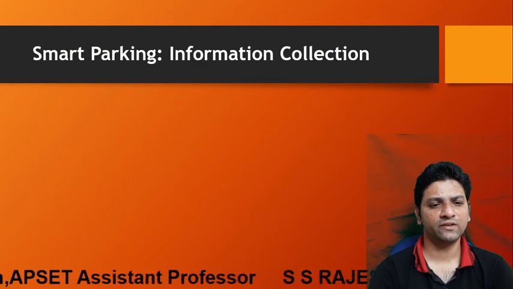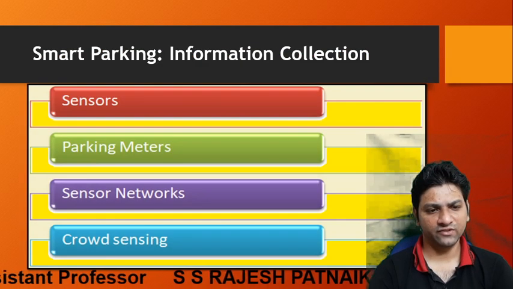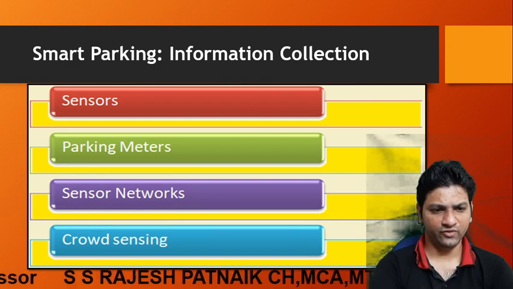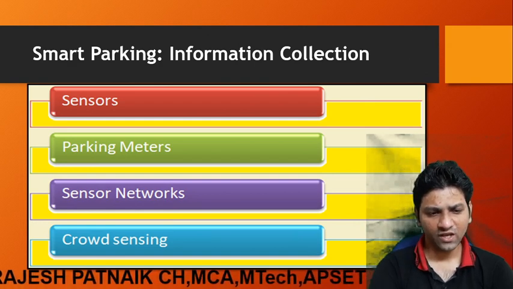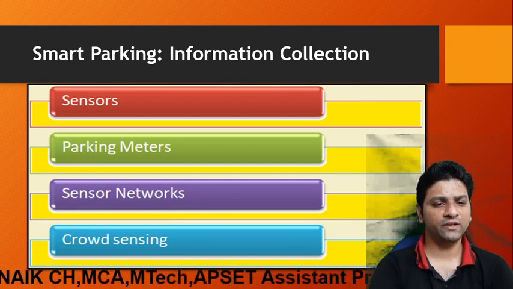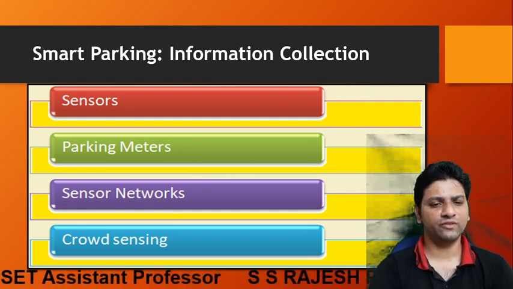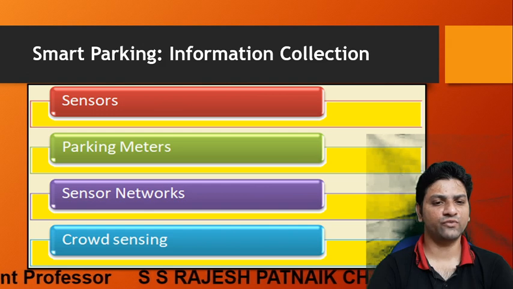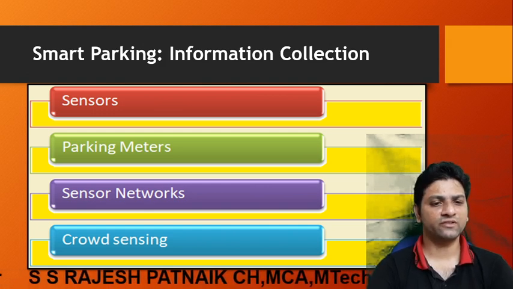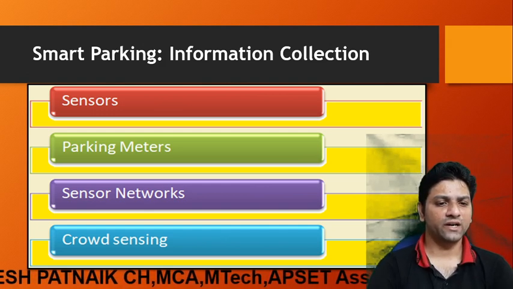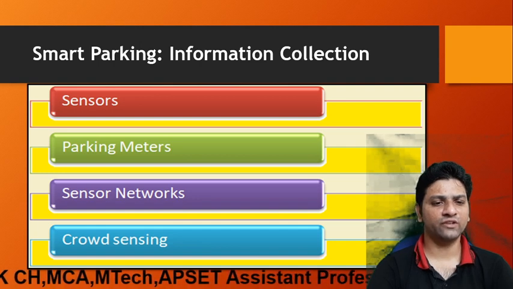Let us elaborate. Information collection: generally the information comes from sensors, parking meters, sensor networks, and crowd sensing. Crowd sensing means different types of sensors, such as GPS sensors, retrieve the GPS locations.